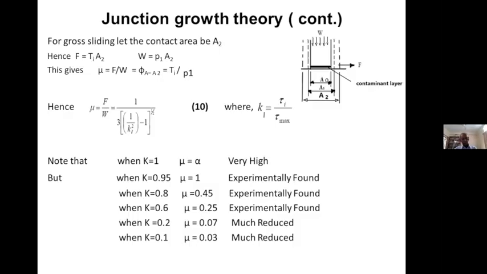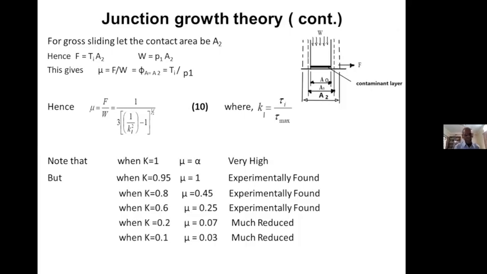This is experimentally found, and more experimental results are given here. When K is 0.8, mu is 0.45, K is 0.6, mu is 0.25. Possibly this will match with the equation.